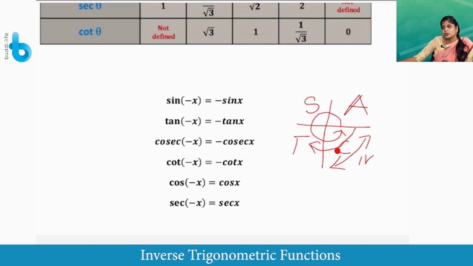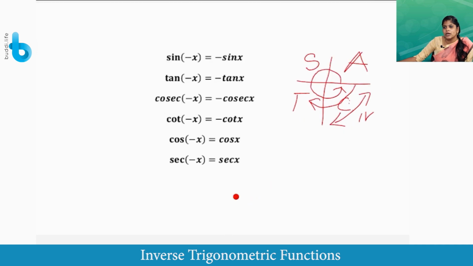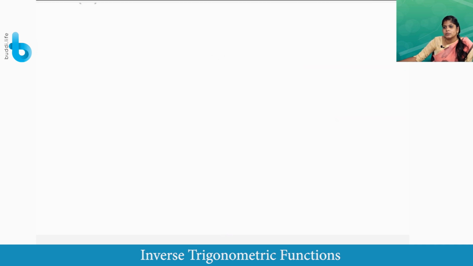But according to this logic, all silver teacups, here only your cos and secant are positive, right? So even if the angle is negative, its value will become positive. Rest all will become negative in this quadrant. Okay, so you have to remember this while solving the problem. You have to check this. Okay, that's all for now. We'll go for the problems.